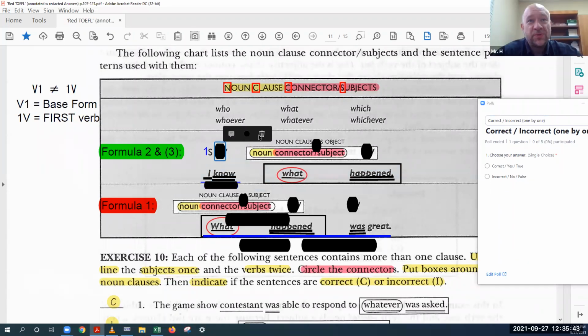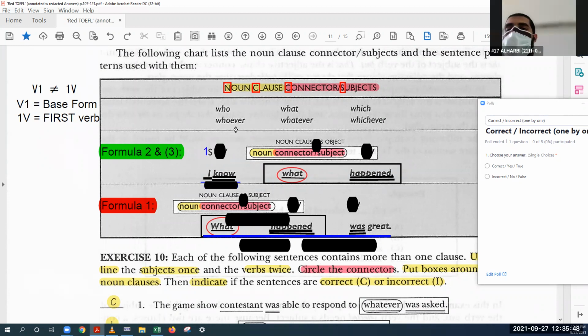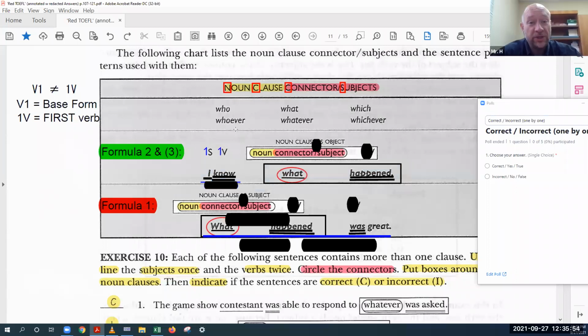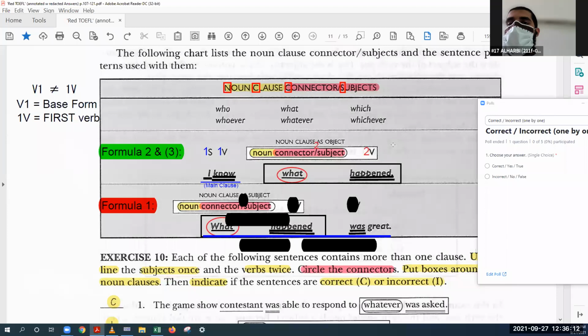That's right. And then? What is both subject and connector. Oh, good. And then? Happened, second verb. That's right. So what is two things? It's a connector, right? Also, it is a second subject. Where's the main clause? The main clause? I know what happened. Bingo.